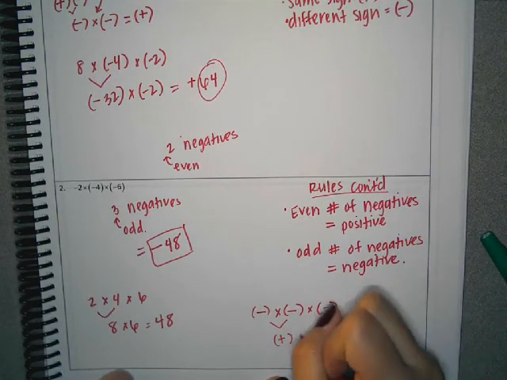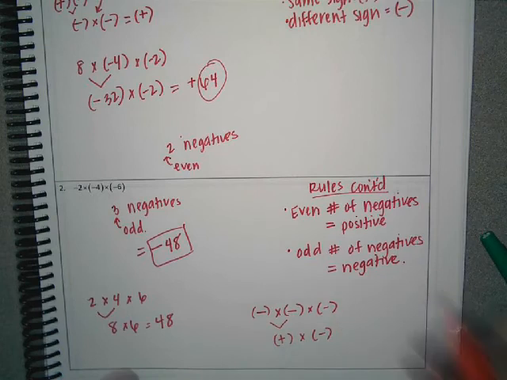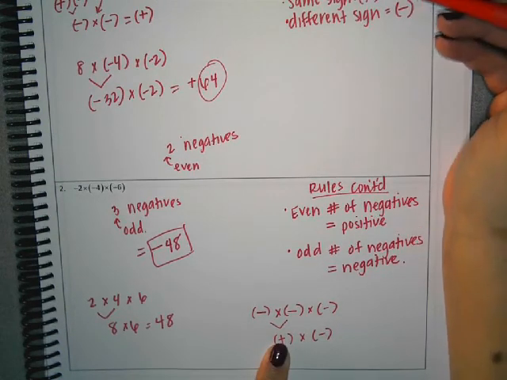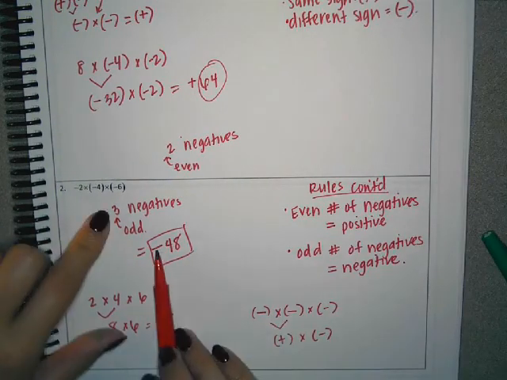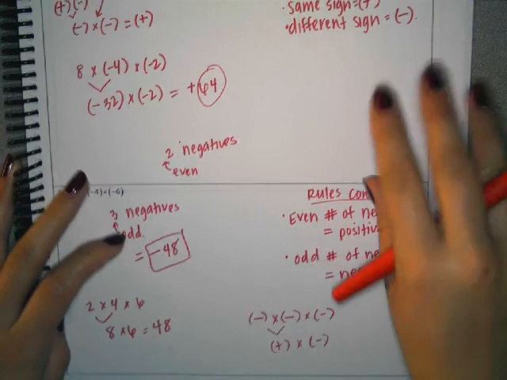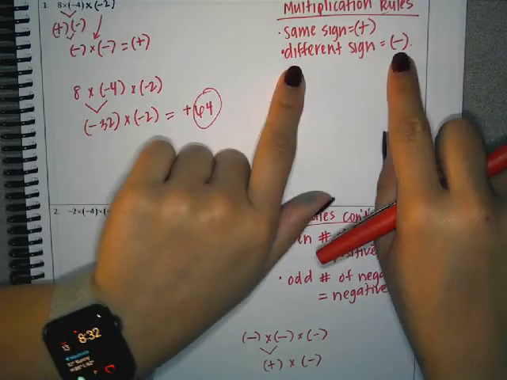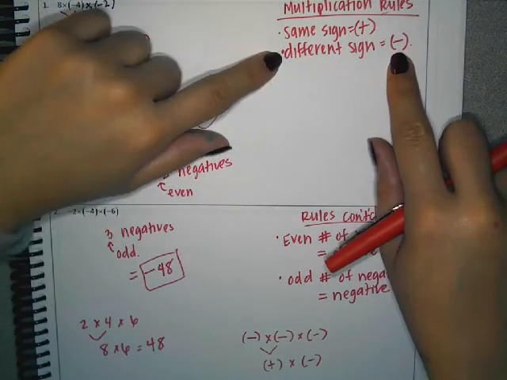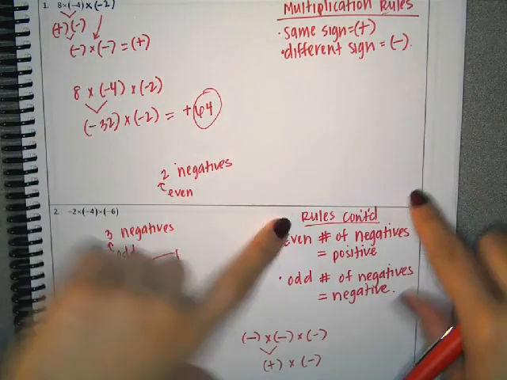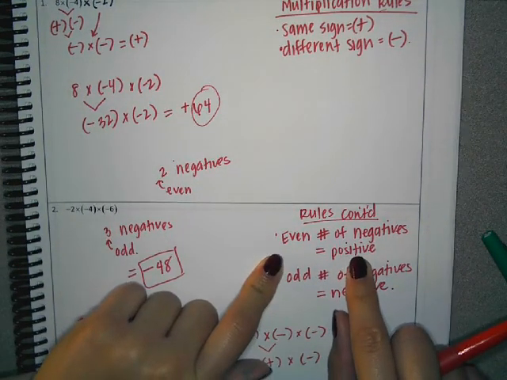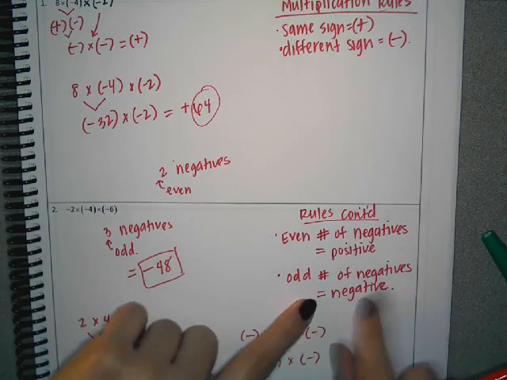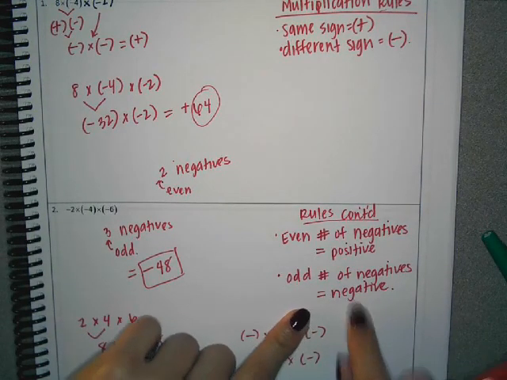Bring down times a negative. Now I have two different signs from up here, which equals a negative. So yes, it works. So we can do it two different ways. We can just multiply using the multiplication rules of same sign and different sign, or we can look at the rules. If I have an even number of negatives, I have a positive answer, and if I have an odd number of negatives, my answer is going to be negative.